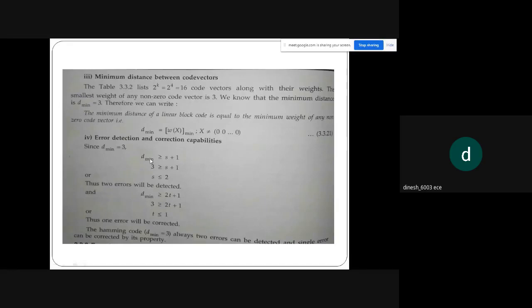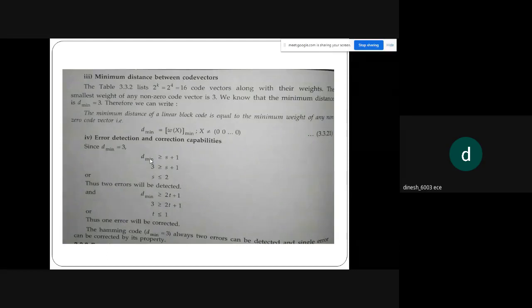Now the fourth one is determining the error detection: how many errors it can detect and how many corrections can be done. We know the formula, d minimum is equal to 3.